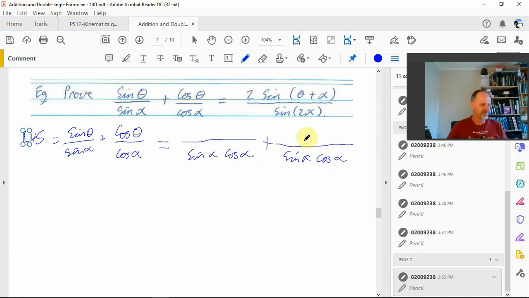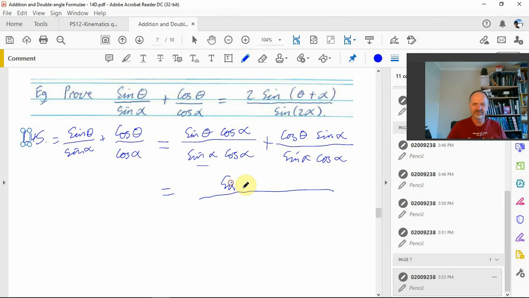All right, so we've got that. Now, if I multiply the bottom on this left-hand one by cos alpha, I've got to do the top by cos alpha. So that's sine theta cos alpha. And over here, I had the cos alpha, I'm now going to multiply by sine alpha top and bottom. So I've got cos theta sine alpha.